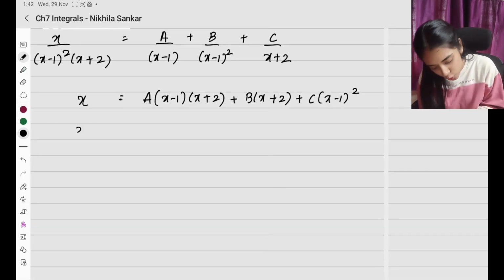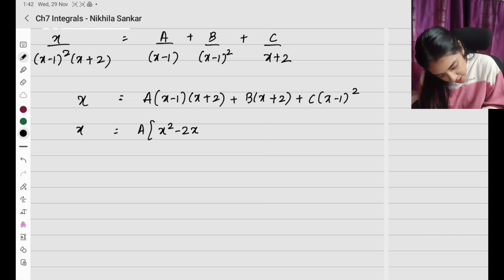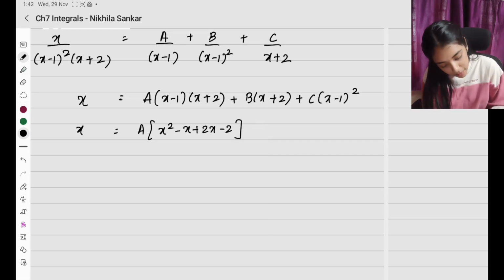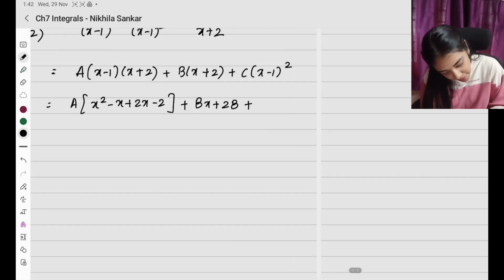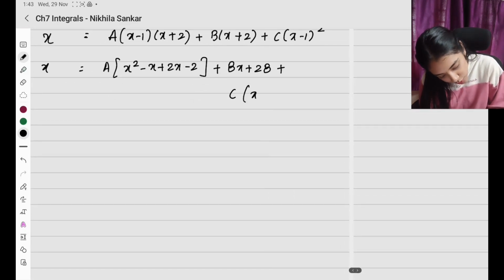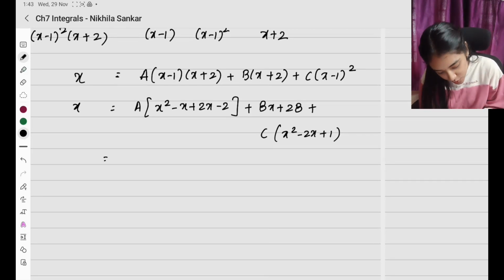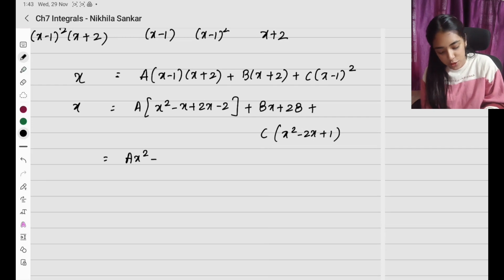Okay, when I open the bracket, what do I have? a times, first let us open this. So x square minus 2x, x square minus x plus 2x minus 2, plus bx plus 2b plus c times, I'm going to open this bracket. So c into x square minus 2x plus 1, a minus b the whole square. So now when I open the bracket, I have ax square minus x plus 2x becomes plus x.